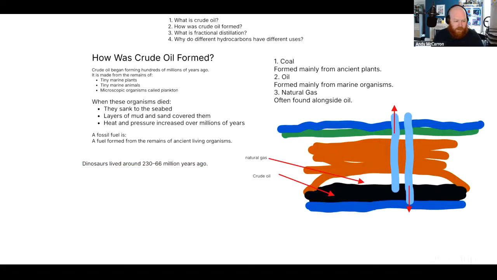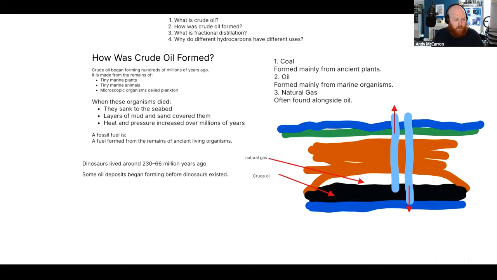This is one of those things that some people don't always realize or understand: in some cases dinosaurs were involved in the making of crude oil, but not all. And that's a really important thing to understand.